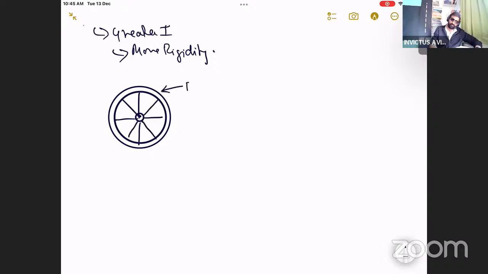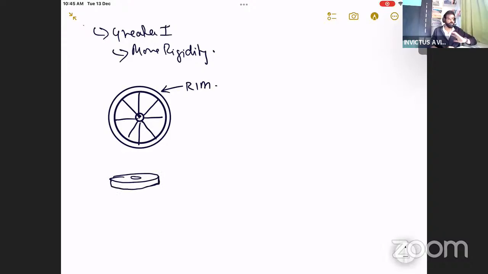So this is the rim. The periphery is the rim. How do I ensure the rotor mass is kept as minimum as possible without affecting the rigidity?